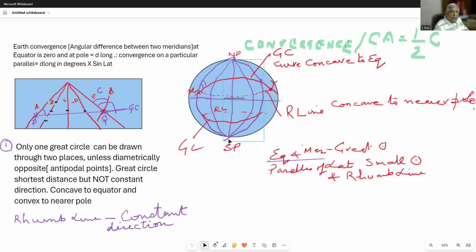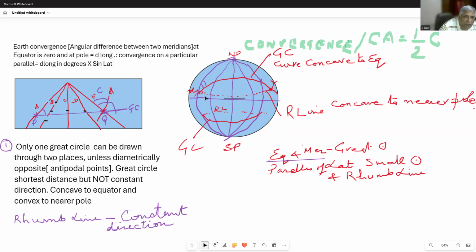If the points are diametrically opposite, like the North Pole and the South Pole, then we can draw any number of great circles passing through these points, but these 2 points should be diametrically opposite and are called antipodal points.